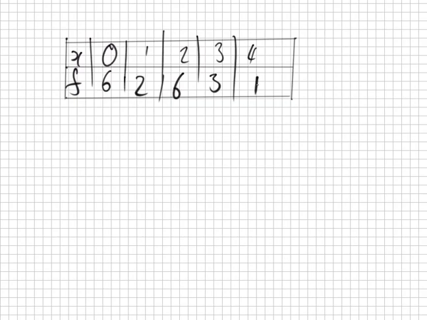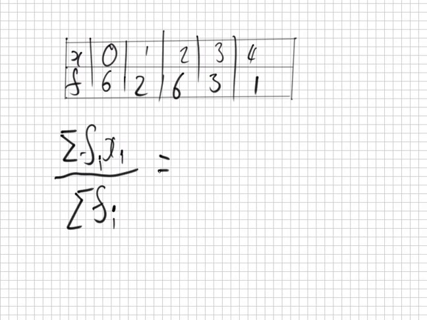So what's a quick way to calculate the mean here? Well, as you said, Sadiq, you multiply the frequencies by the data over the sum of frequencies. I'm giving you this as a fact.